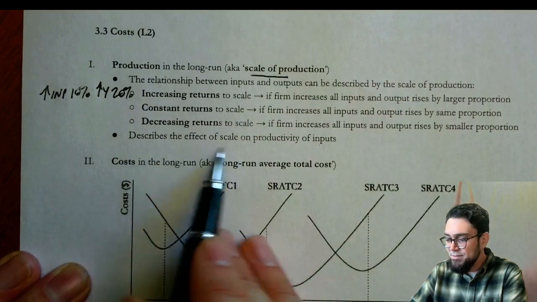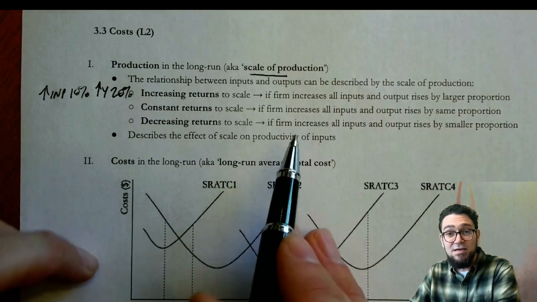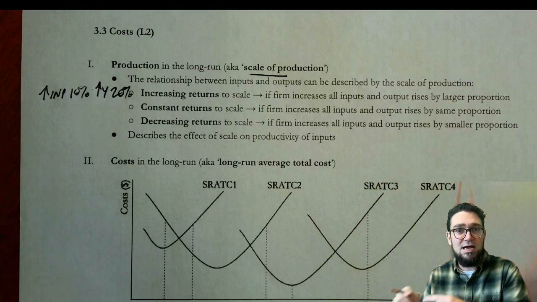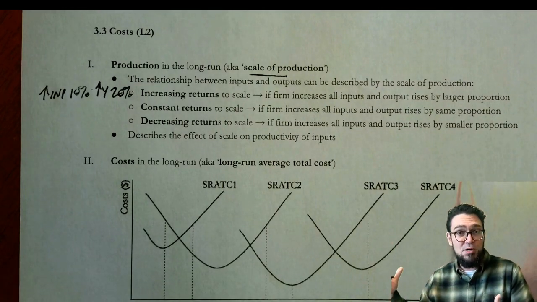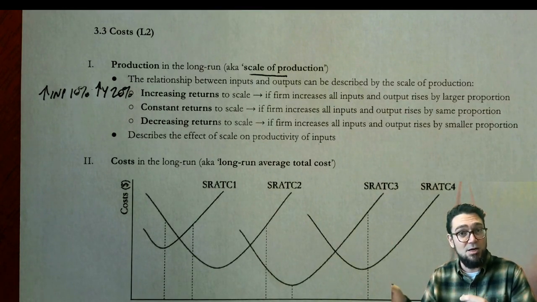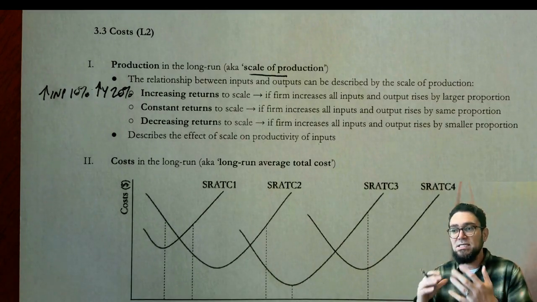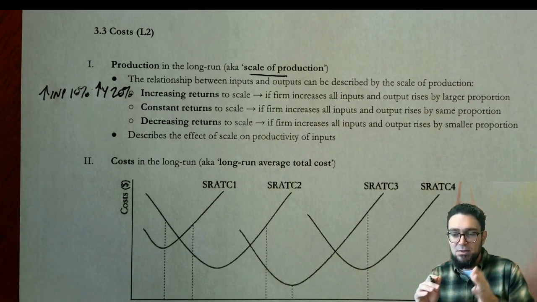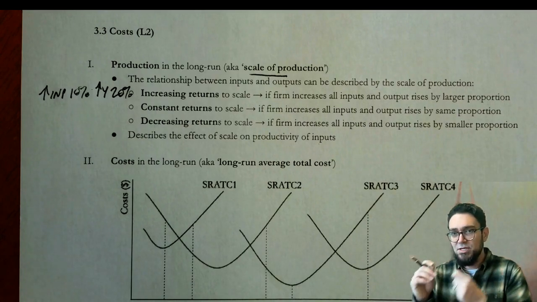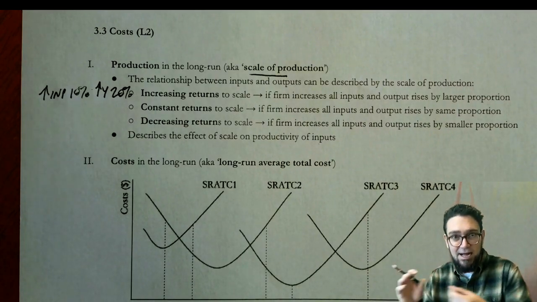This is really describing the effect of scale on the productivity of the inputs, because sometimes you're going to increase how many inputs you have and get way more output. That's because you're actually increasing the productivity of those inputs as you add a couple more. The workers are specializing: you're going to do this job, you're going to do that job. And as the company gets larger, you're able to squeeze a little bit more efficiency out of everybody.